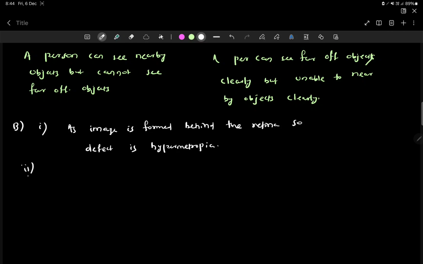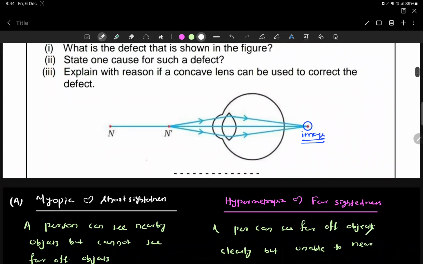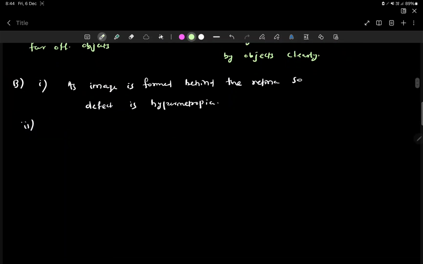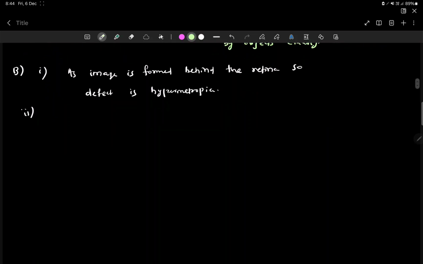In the second bit, it is asking to state one cause for such a defect. So what are the causes of hypermetropia? You may write only one cause.